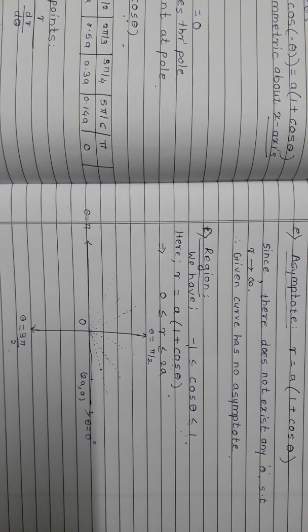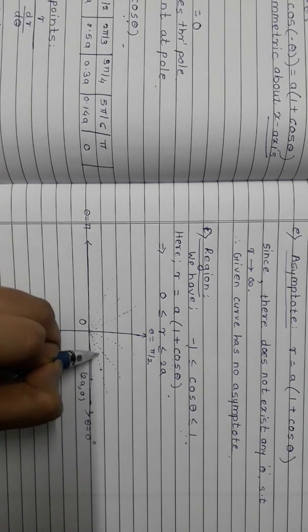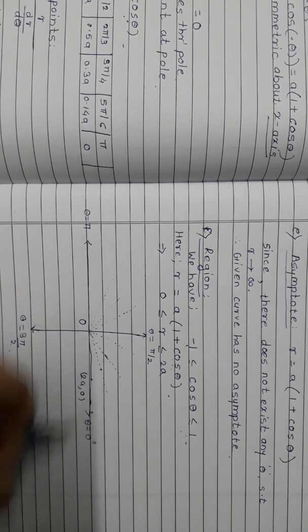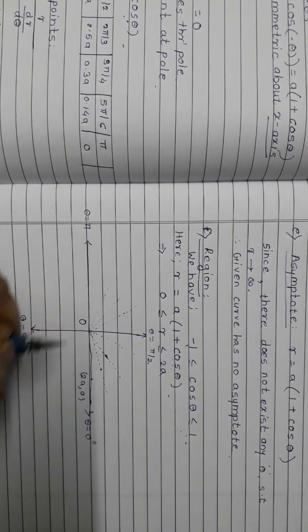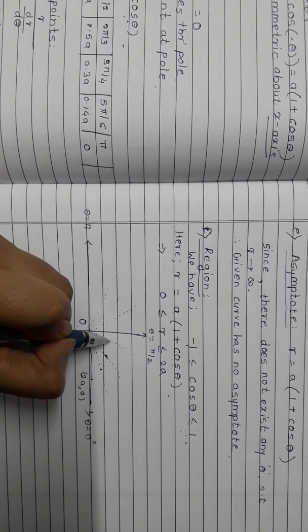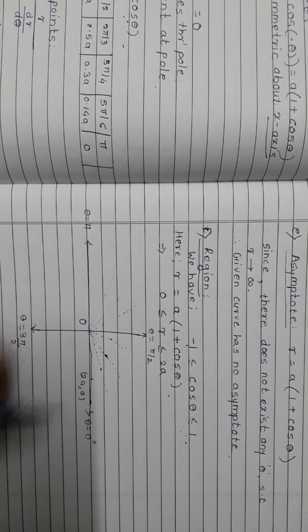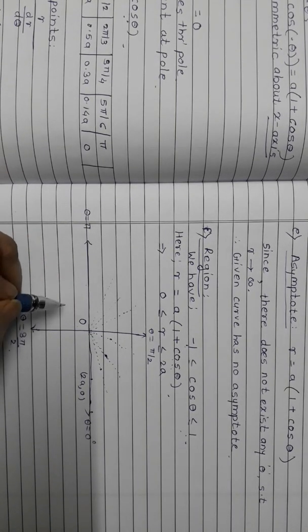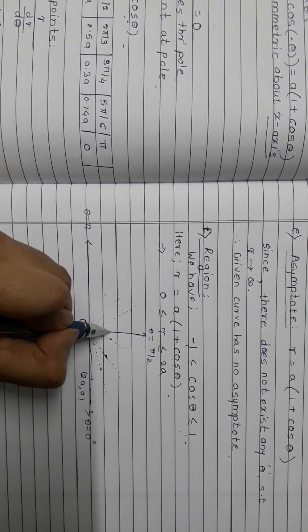So for 45, I am having 1.7. So surely it will be less than this distance. So let's take this as the 1.7 point. Okay, then next one is at 60, it is 1.5. So let's take a little bit lesser than this. Okay, then at pi by 2 it becomes a.